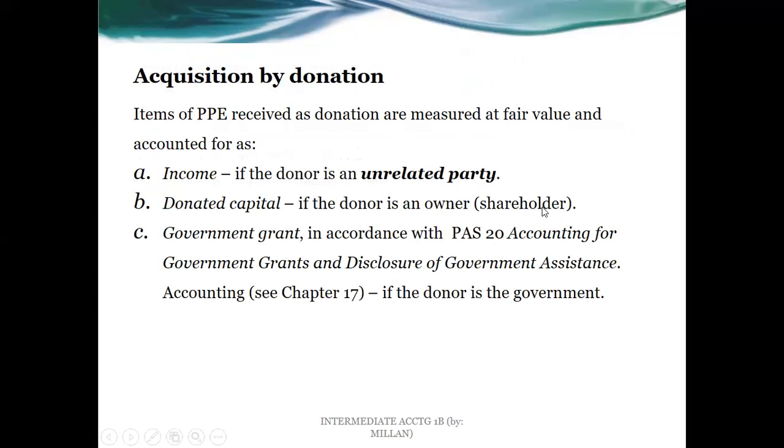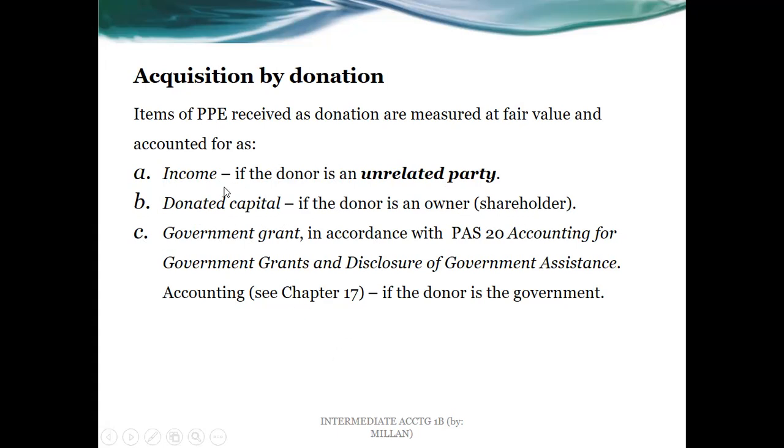If an owner or shareholder of a corporation, it will be treated or credited as donated capital, which is part of the share premium under shareholders equity section. Take note, owner or investor or shareholder. That's why shareholders equity.